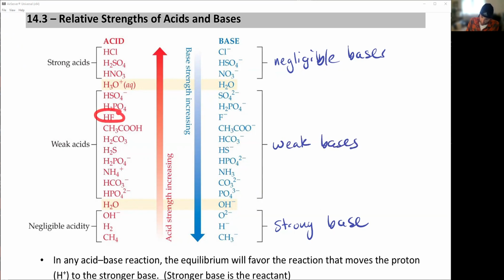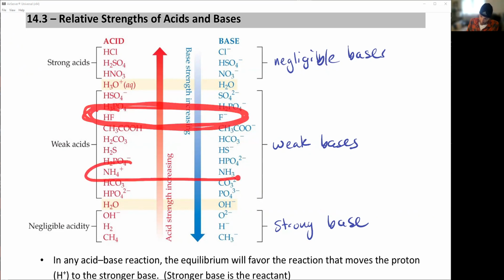So if I'm comparing HF to F minus, those two things right there, HF is actually pretty decent at being an acid, but it's worse at being a base. So HF is an okay acid, it's an okay base, but it's probably a better acid than it is a base. If we look at something like NH4 plus and NH3, the opposite is true.